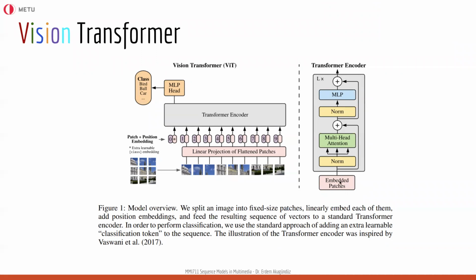So how does the embedding take place? Since this is not a sentence, the embedding part is a bit different compared to the original transformer, which is processing sentences. So the only thing we should understand about the vision transformer is how it does this embedding.